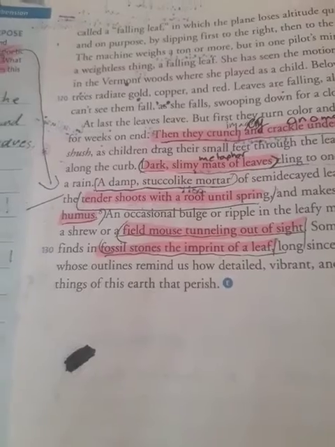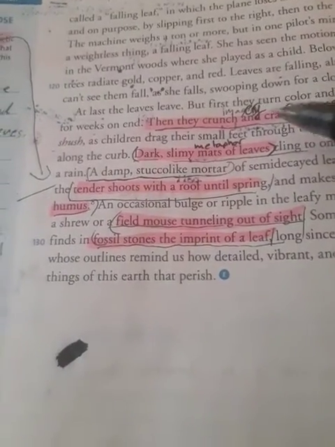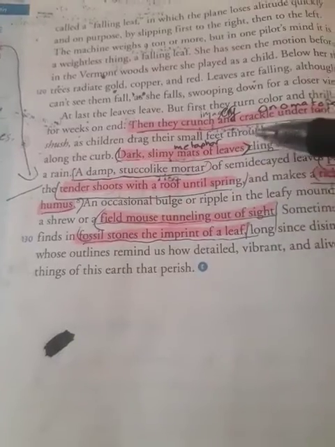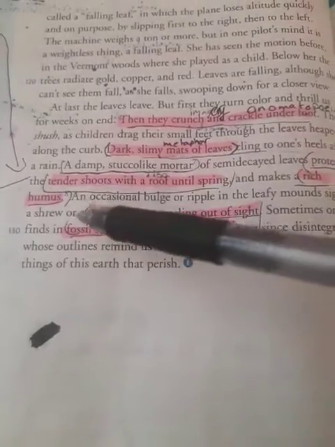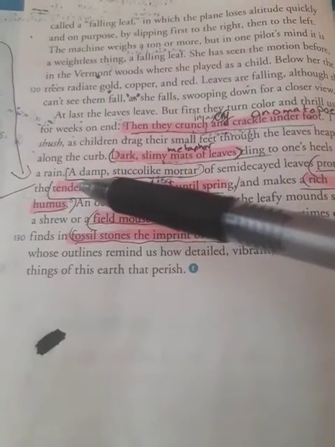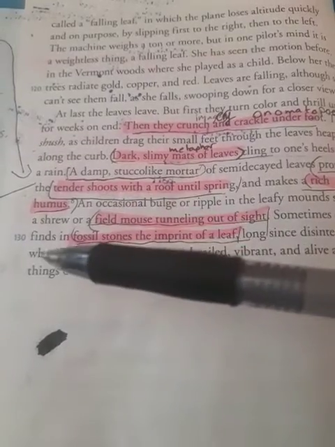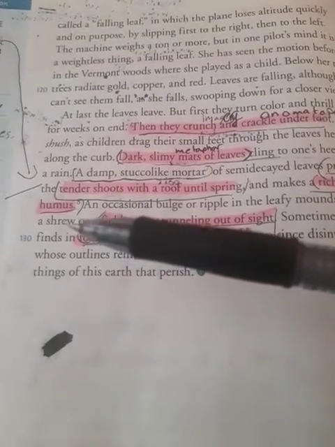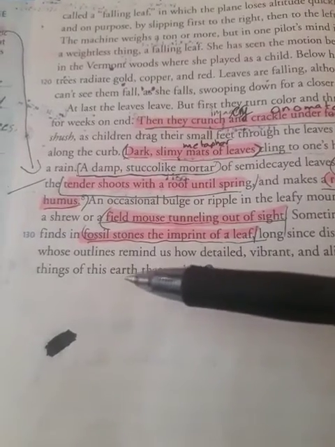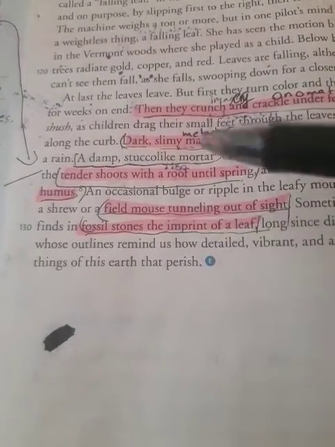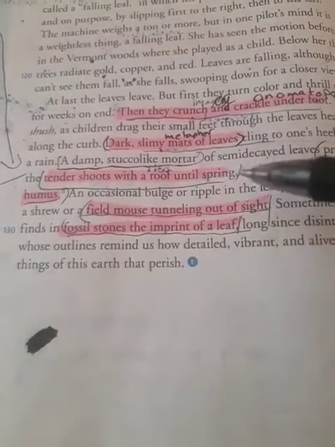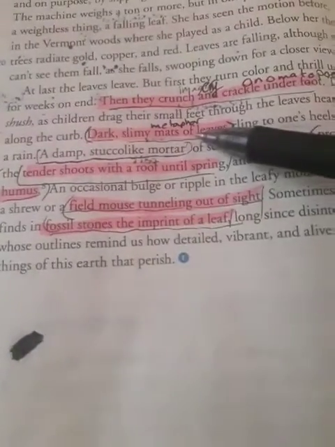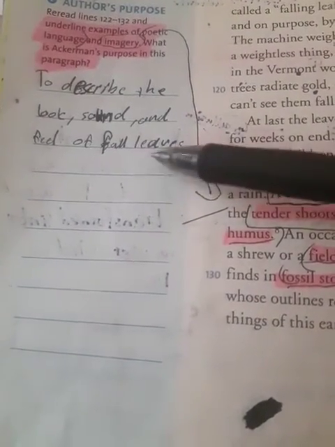Then they crunch and crackle, dark slimy mats of leaves, tender shoots with a roof until spring, and rich humus. You know that humus, guys, means the organic component of soil formed by the decomposition of leaves and other plant material by soil microorganisms. Field mouse channeling out of soil, fossils, stones, the imprint of a leaf. So these are examples of the use of poetic language. What's the purpose here? To describe the look, sound, and feel of fall leaves.